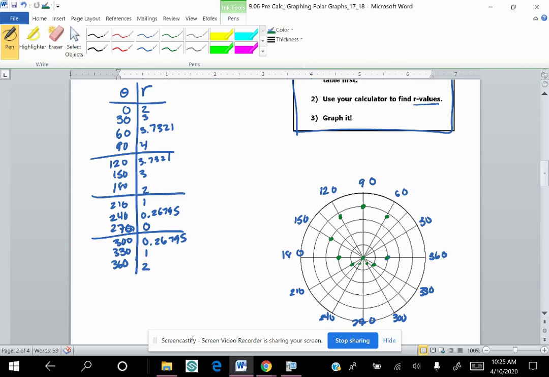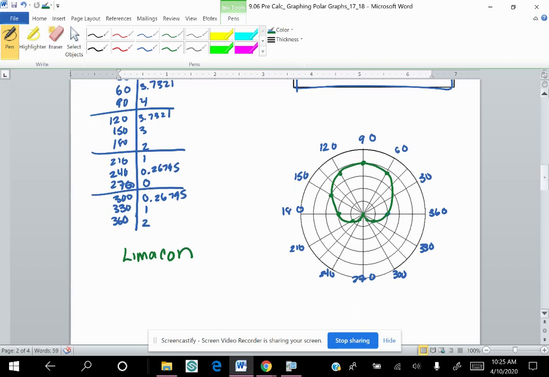So very similar to our circle, but a little bit different here at the bottom. See how it kind of comes up and goes around, and then it comes back in again. So we actually call this a cardioid, which is a heart-shaped curve. It's a limaçon, is what it's called. And the formula or form that you would see this in is if you have r equals a plus or minus b times sine of theta.